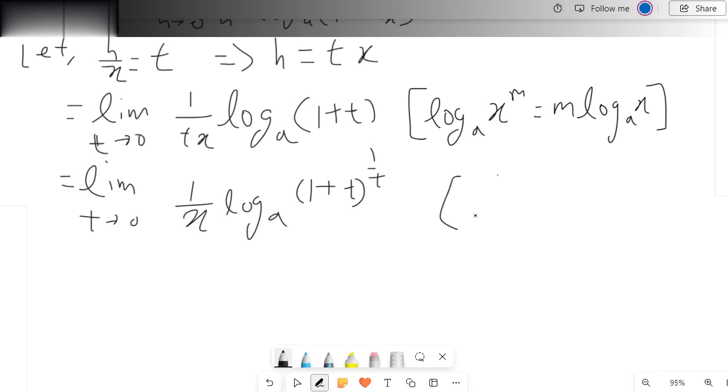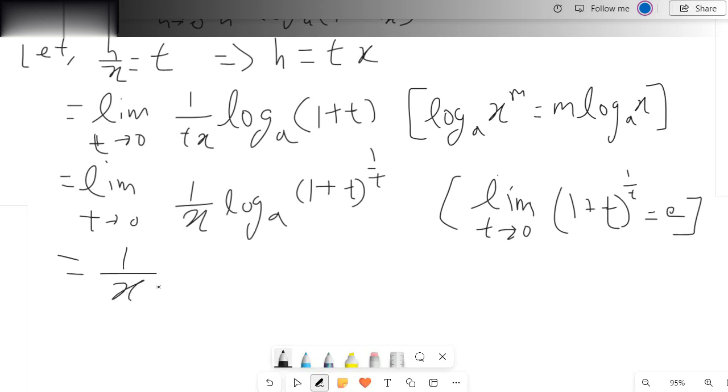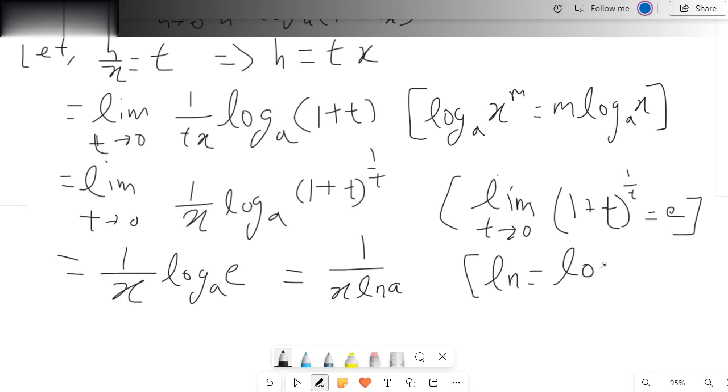And according to the limit that I discussed before, the limit as t tends to 0 of (1 + t)^(1/t) is simply equal to e, or the natural number. So simplifying and applying the limits, we have (1/x) log base a of e, or we can write that as (1/x) ln a, where ln is the logarithm of base e.